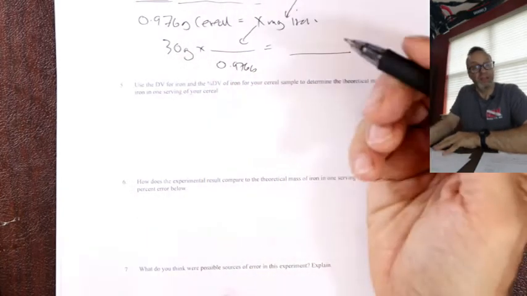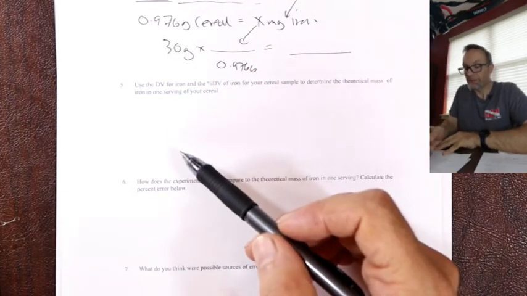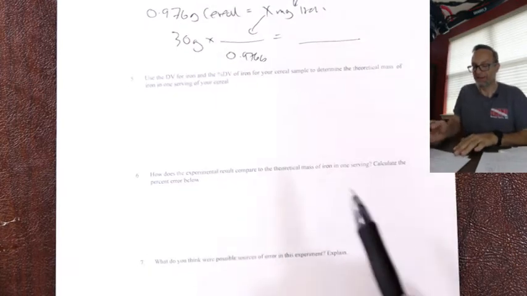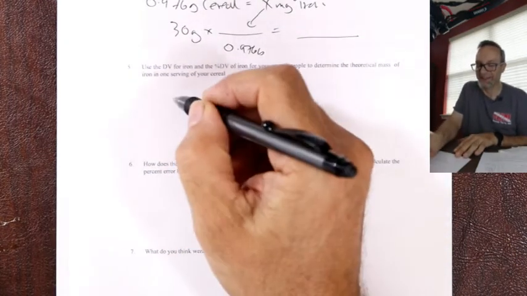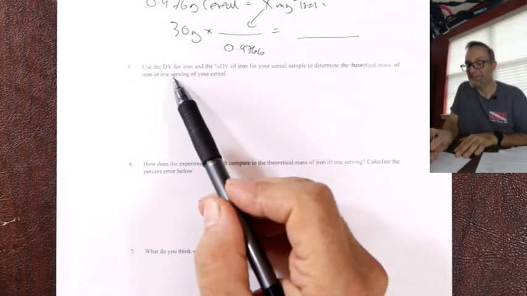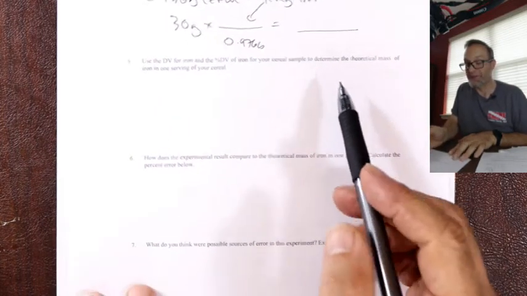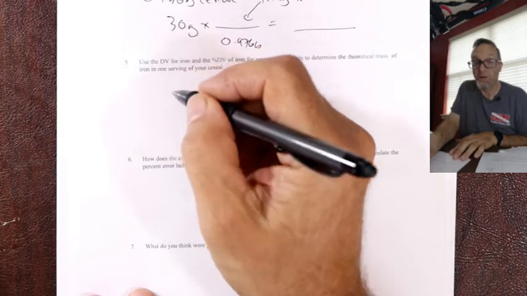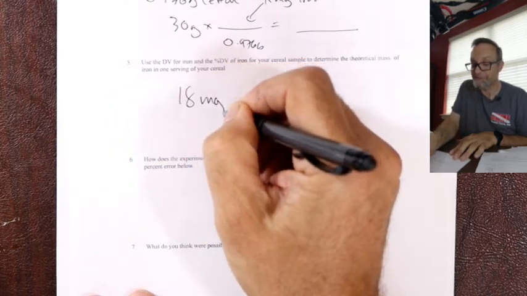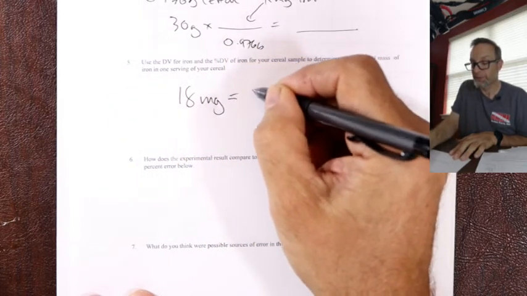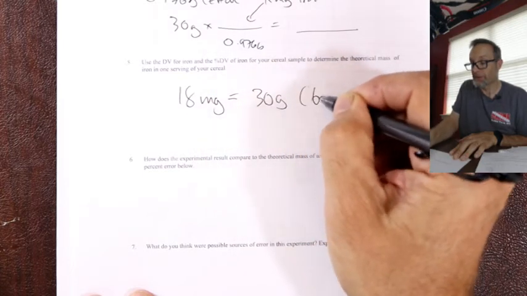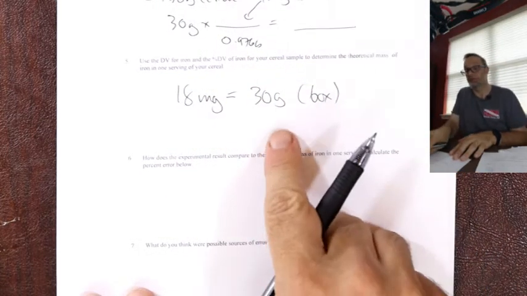And then you can just do a percent. Number 5 is actually easy. It's just use the daily value for the percent iron in your cereal box to determine the theoretical mass of iron. So it's obviously just 18 milligrams. That's the claim from the box, so you can just write that.